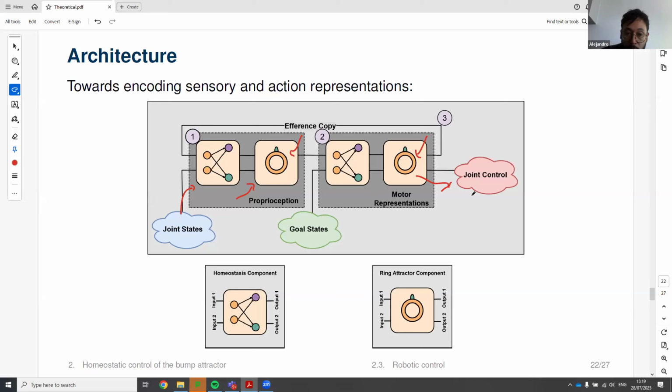So we hope for this to generate a more natural way of having body ownership, and to create a control architecture that has some sort of self-representation hardwired.